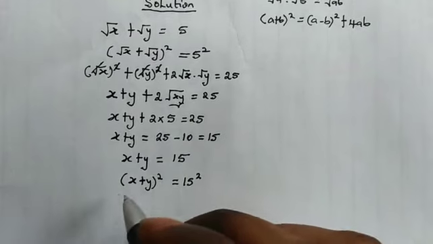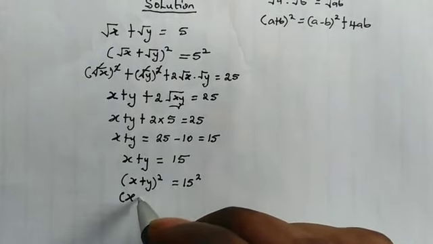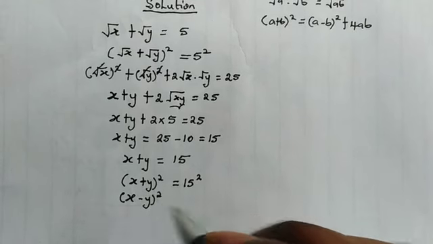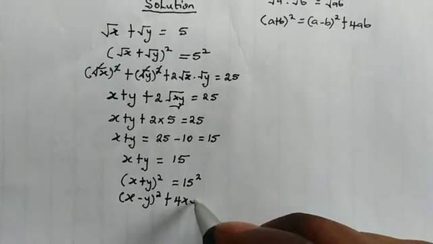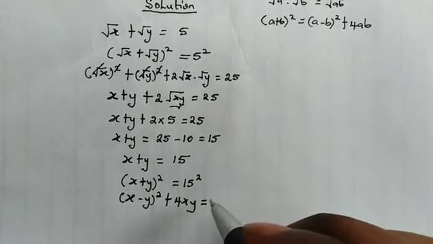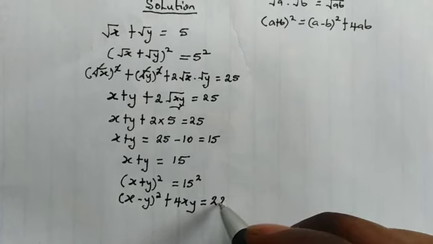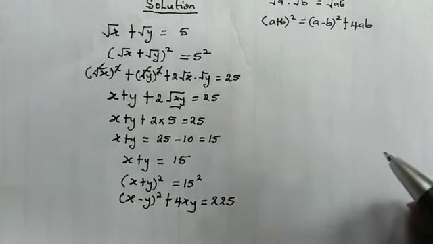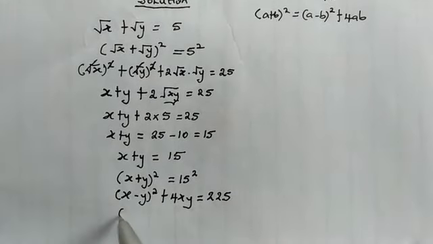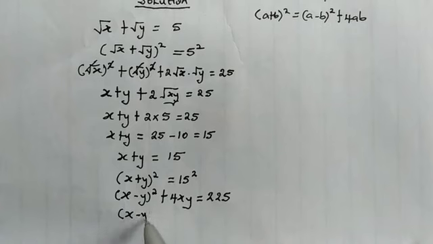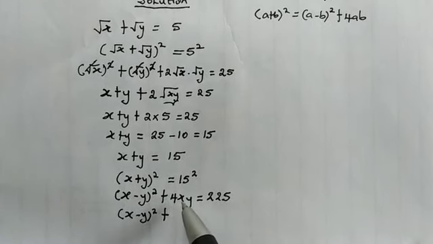So here we're going to have (x minus y) squared, then plus 4xy. This is equal to 15 squared, which is 225. So we have (x minus y) squared plus 4xy.